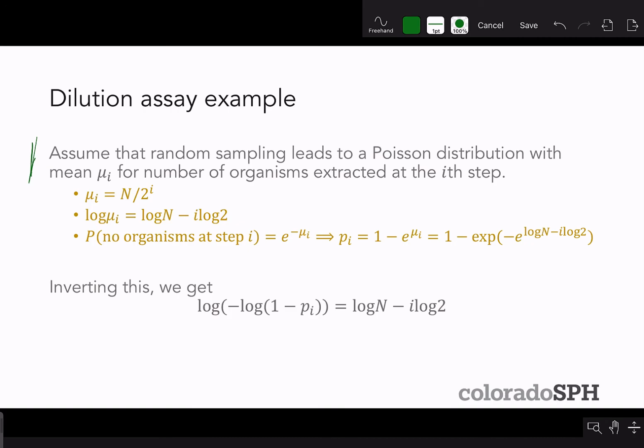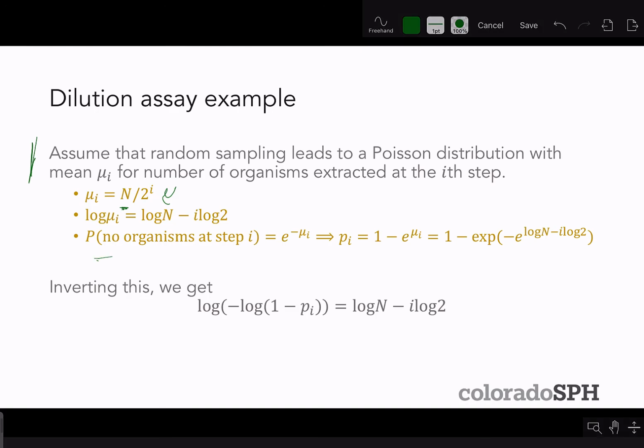So at the ith dilution, the original number divided by 2 to the ith power is the number of organisms. And the log of mu equals the log of N minus i log of 2, and I just get that from replacing this with mu and taking the log.